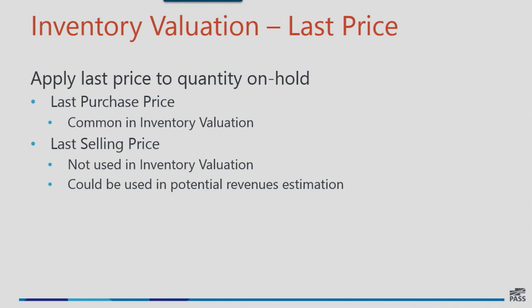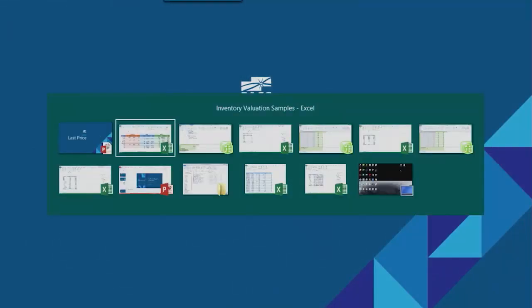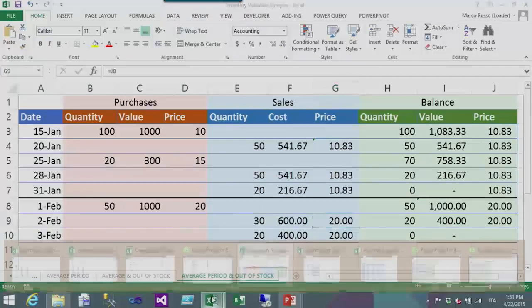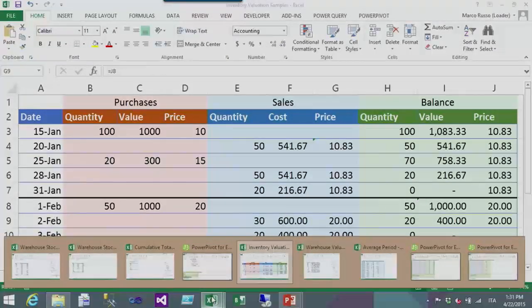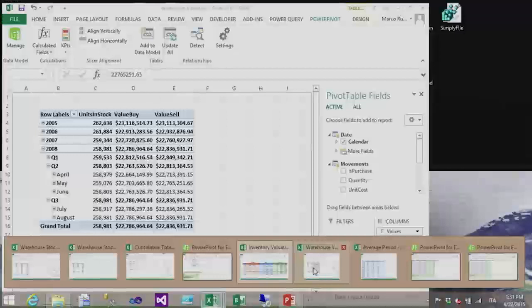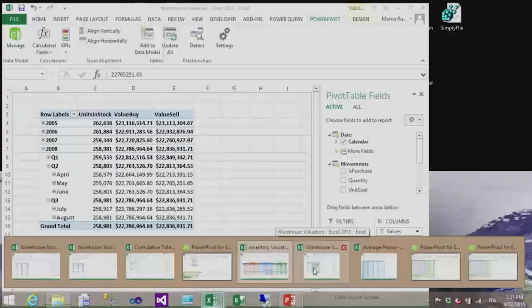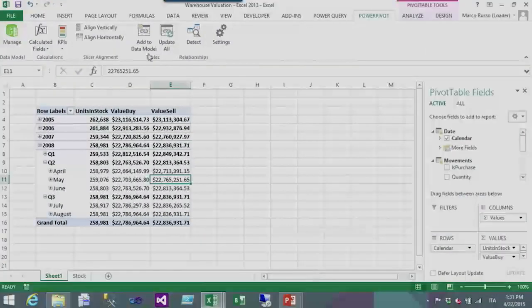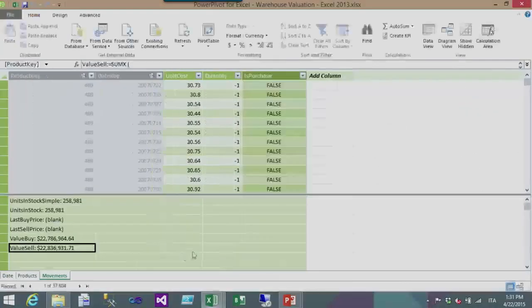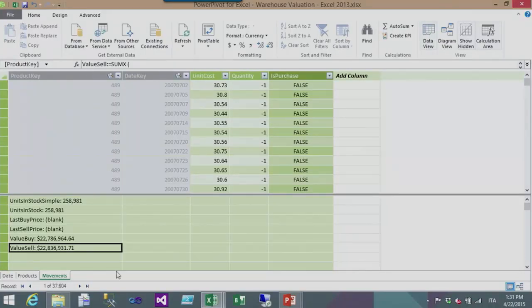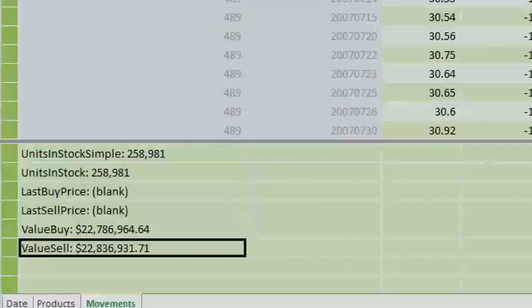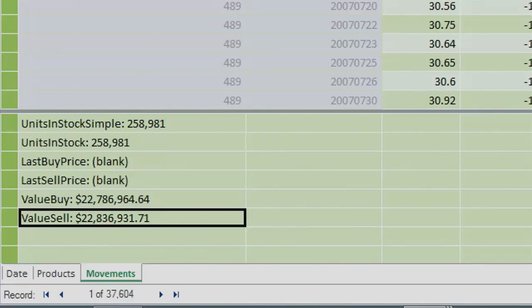Now, how do we do that? We have last price. This one. And this technique is relatively easy. Why? In this model, we have the movements, so we evaluated the quantity in a dynamic way.